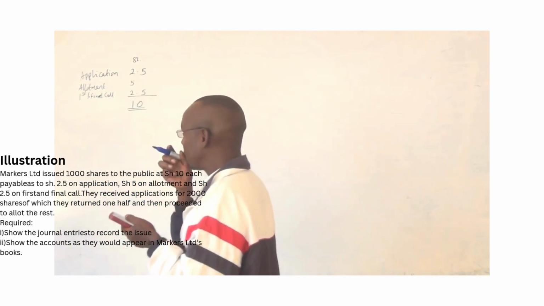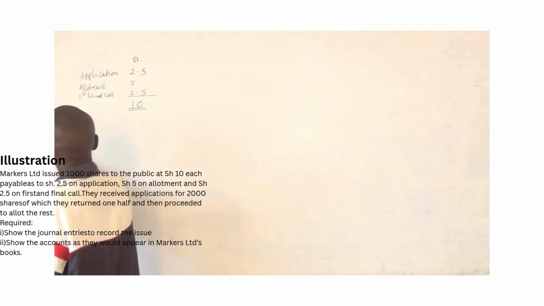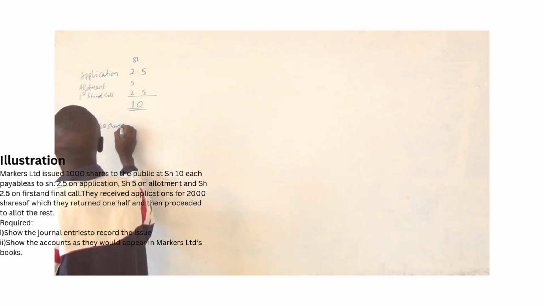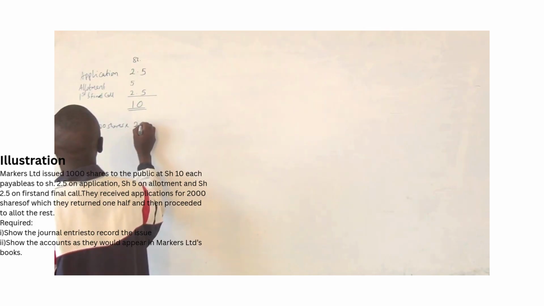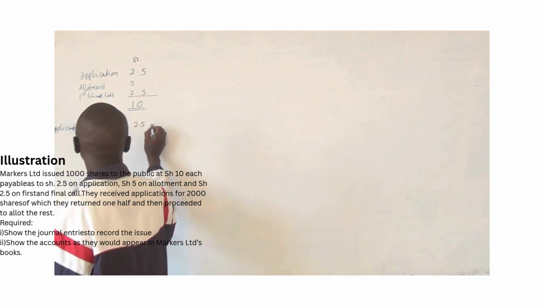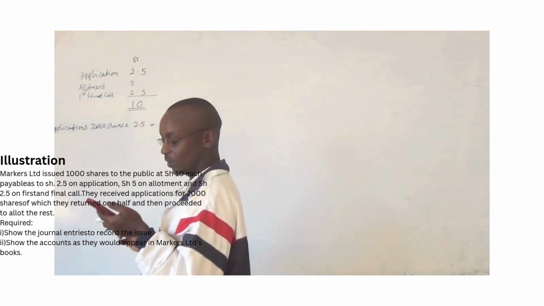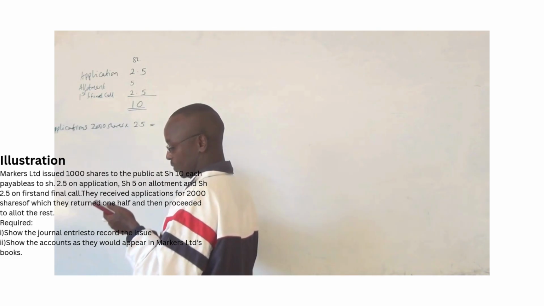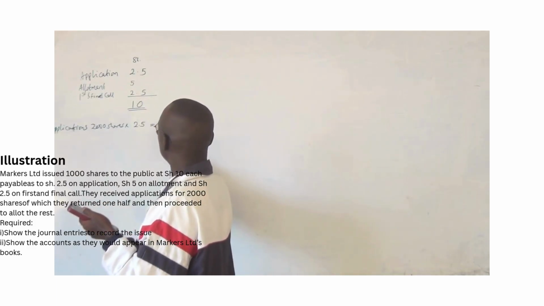Then applications were received for how many shares? 2,000 shares times 2.5. So how much money was received on application? $5,000.